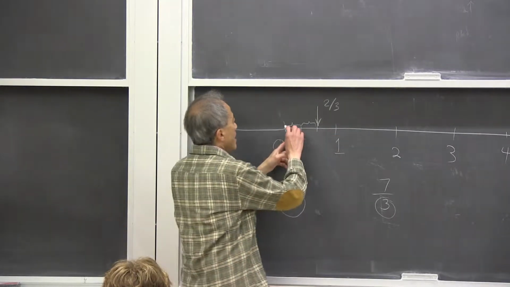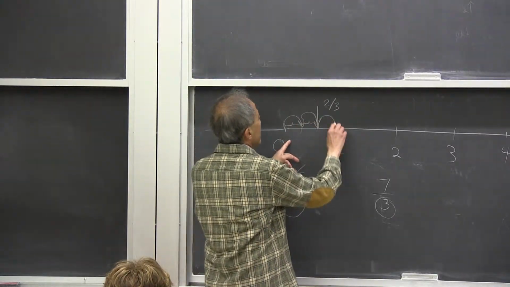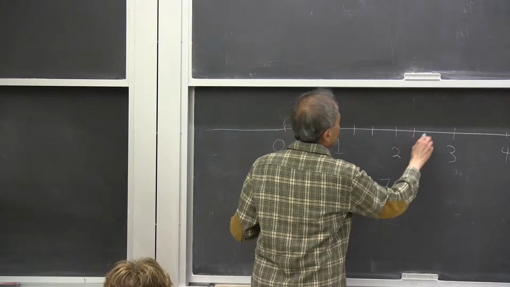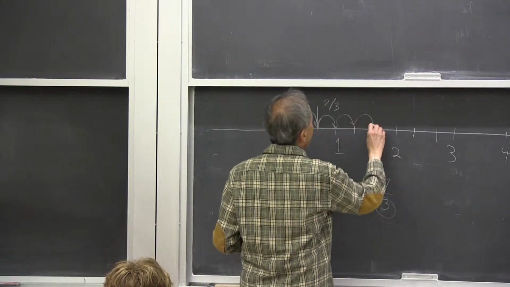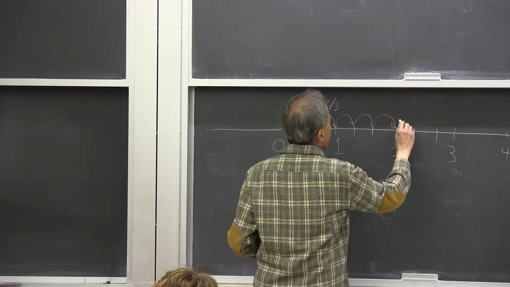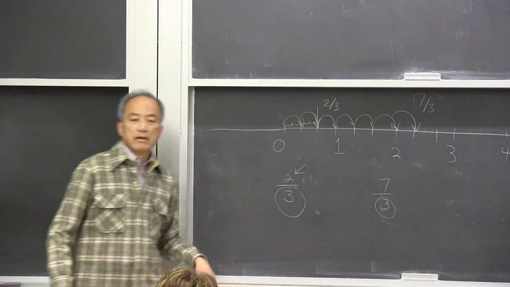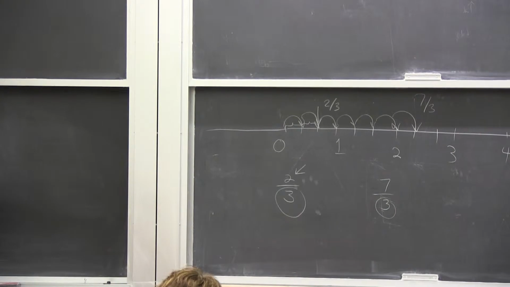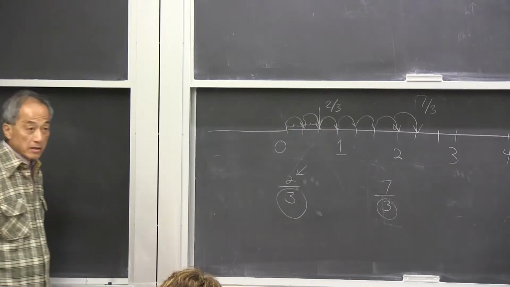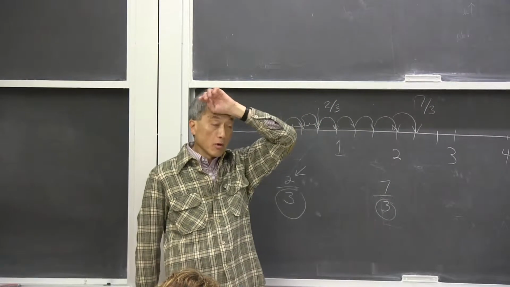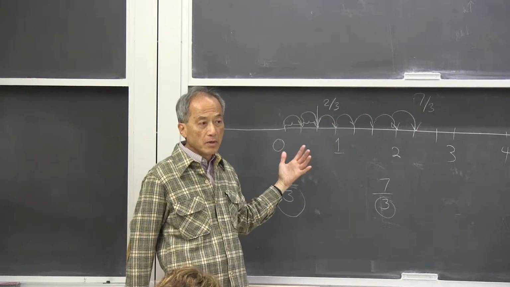So 1, 2, 3, 4, 5, 6, 7. So every fraction can be done this way.